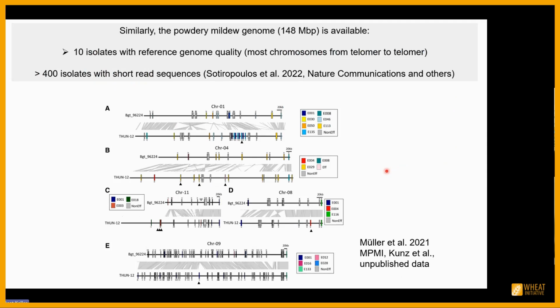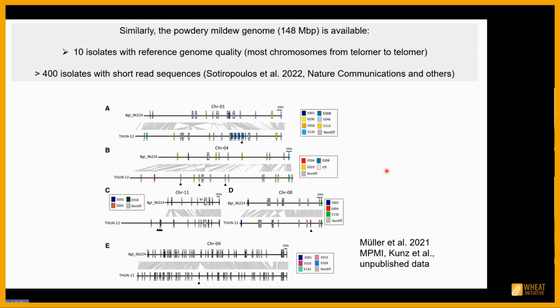Now, similarly, on the pathogen side, specifically for powdery mildew, we now have very high quality genomes available, and the genome is about 150 megabases. So for a fungal genome, it's rather large, similar maybe to the rust genomes.